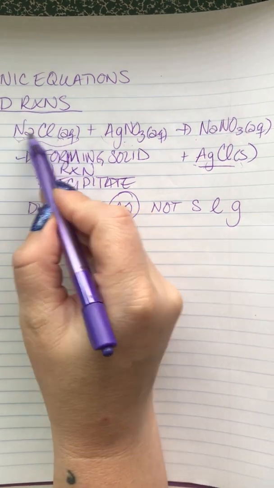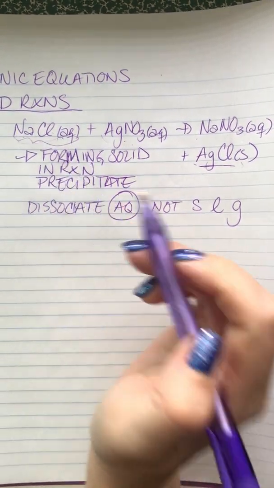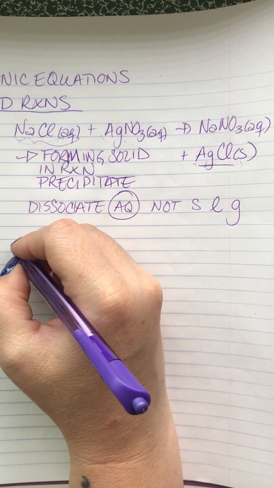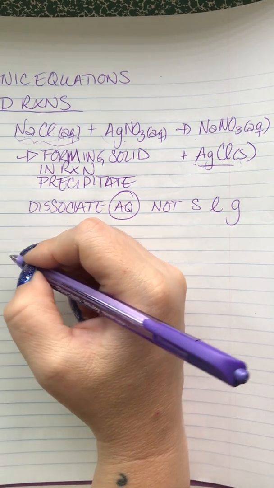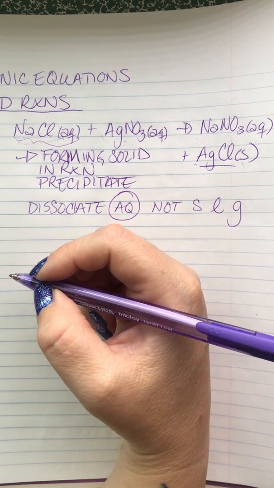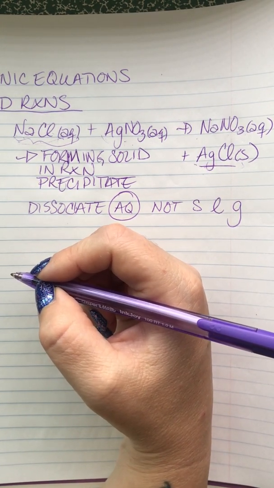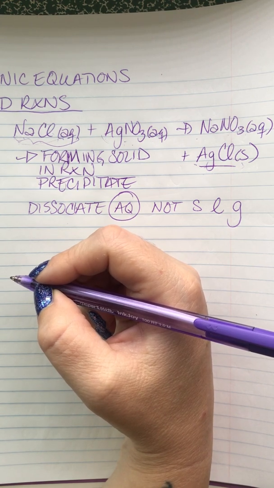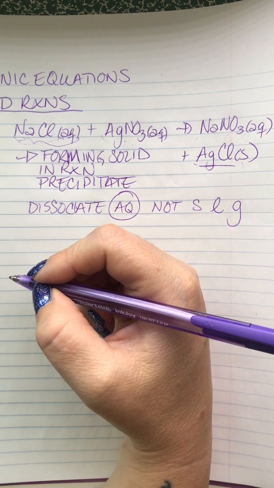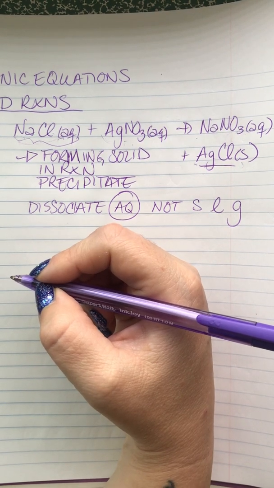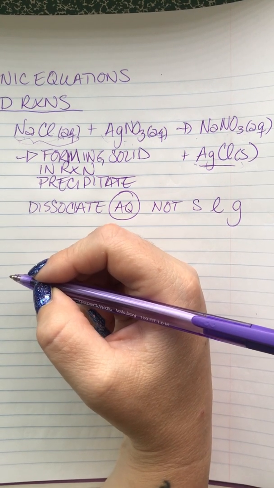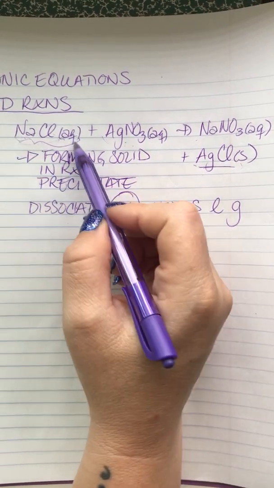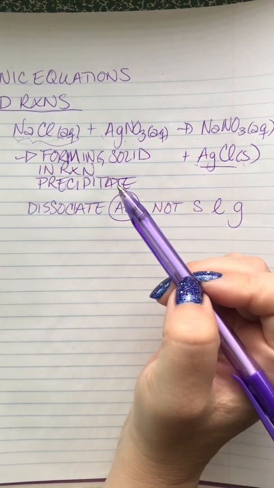So what are the ions that we form when we dissociate sodium chloride? Sorry, Alex, I think you might have missed earlier when we were talking about solubility rules, but nitrates are always soluble, and group 1 metal ions are always soluble, right? And you can go back to the beginning of the video later on and check that out. So, what do we form when we dissociate this guy?